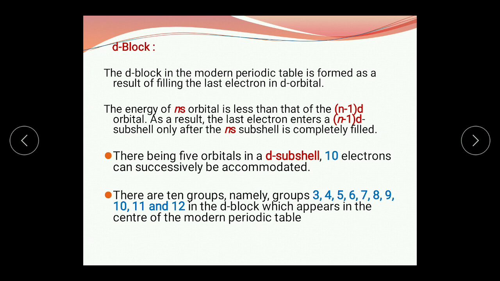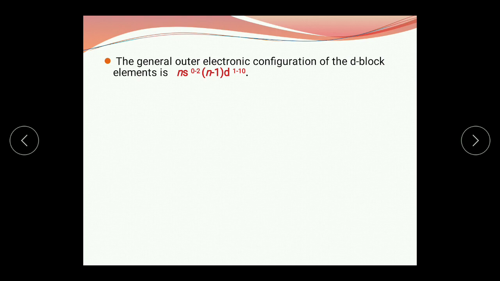Hence, there are 10 groups which start filling from ns to (n-1)d1 to (n-1)d10. The 10 groups are from 3 to 12, at the center between the s and p block of the modern periodic table. What will be the general outer electronic configuration then? ns2 (n-1)d1 to 10. It should be like that only.